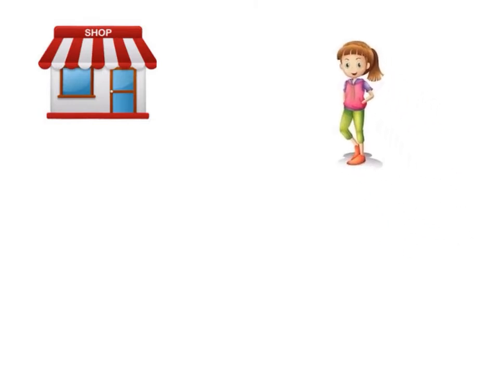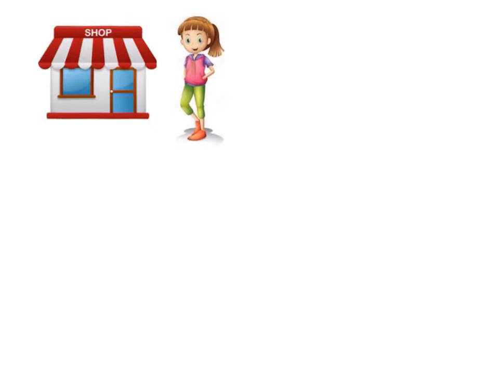Okay, we have Annie here. And Annie is going to the shop, right? And she wants to get a few bananas and a few apples. She bought 5 apples and 4 bananas.